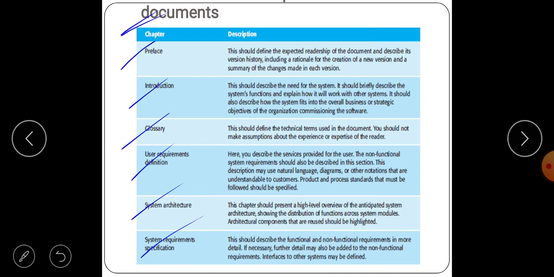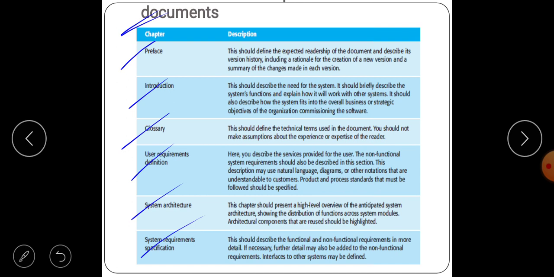This is called the structure of the requirement document. Suppose they ask this question, it can be asked like this: explain the structure of the requirement document. Then you have to write these 10 points, and you should write them in order only.